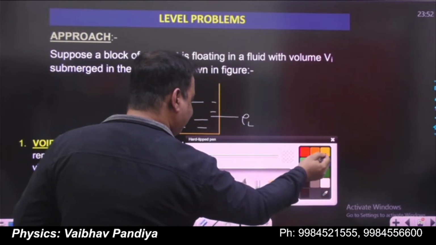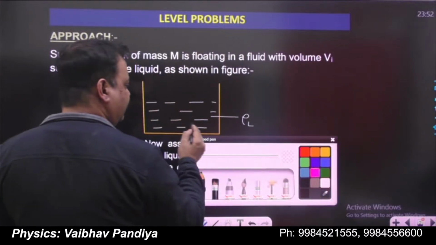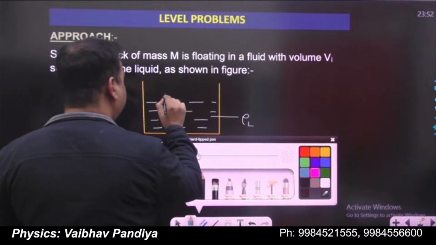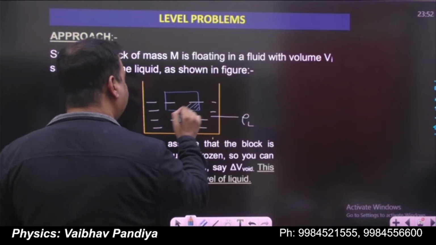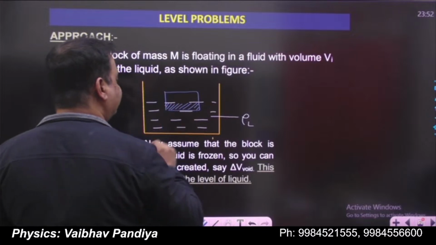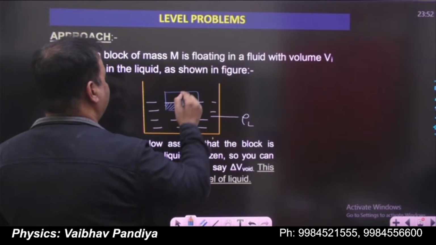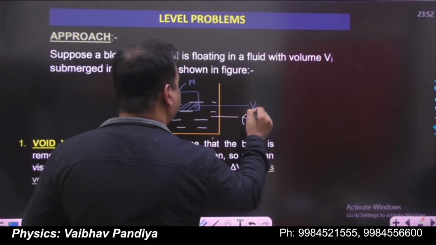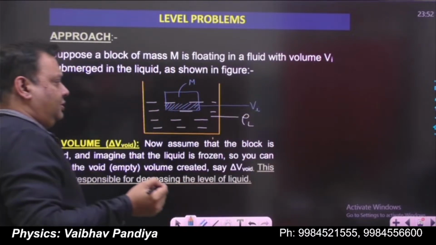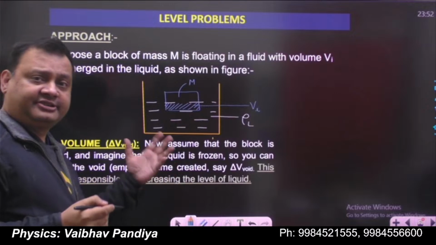It means the density of the block is of course less than the density of the liquid, only then can it float, and there will be some portion of the block inside the liquid. Let the mass of the block be m and the portion inside the liquid be Vi, that is the volume immersed inside the liquid.